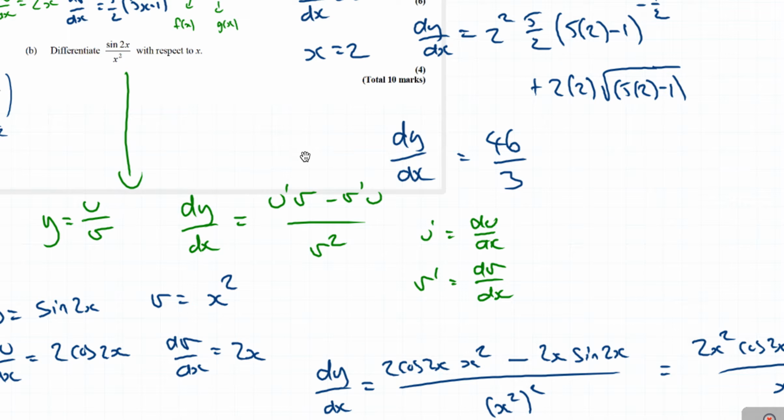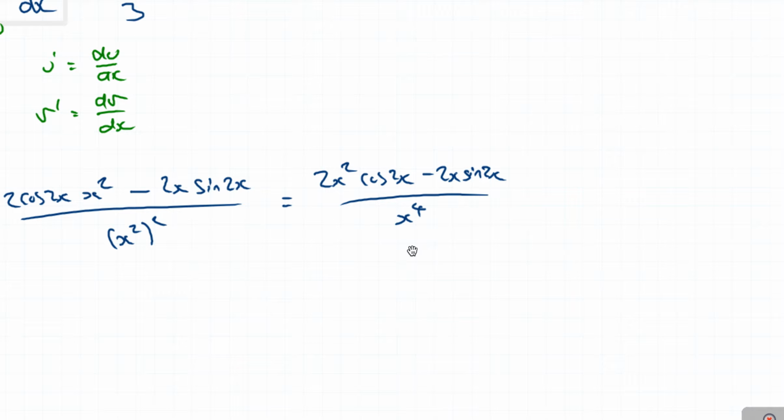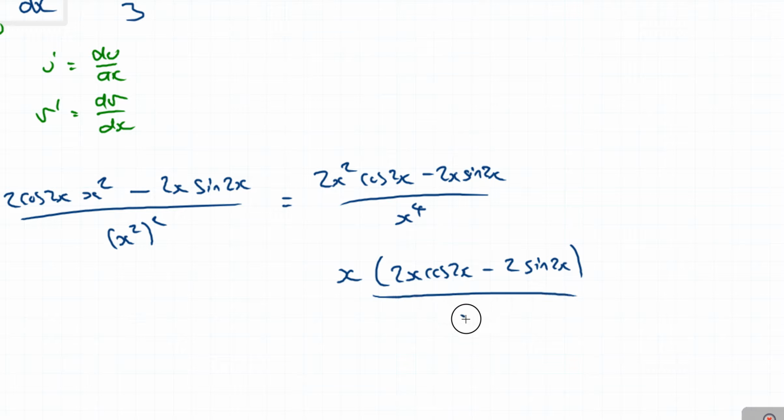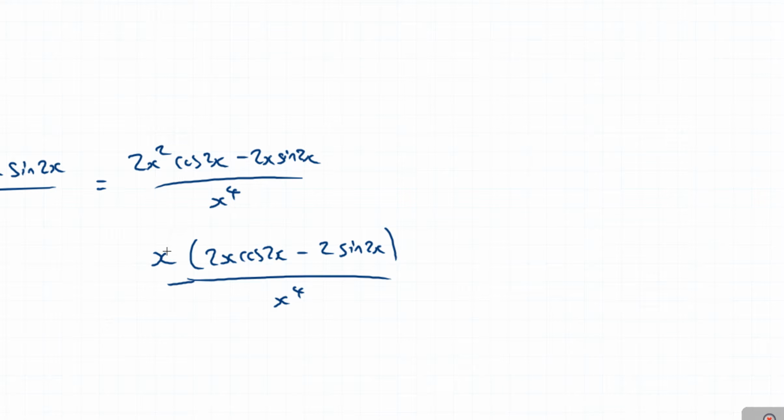Now here it doesn't say to simplify, so you could leave your answer like this, but one thing we could do is take out a factor of x at the top. We get x(2x cos 2x minus 2 sine 2x) divided by x to the power of 4, and then the x here and one of the powers cancel, so we end up with x cubed instead.